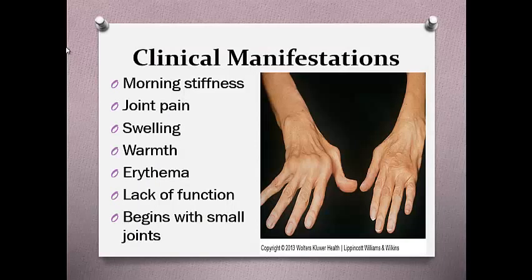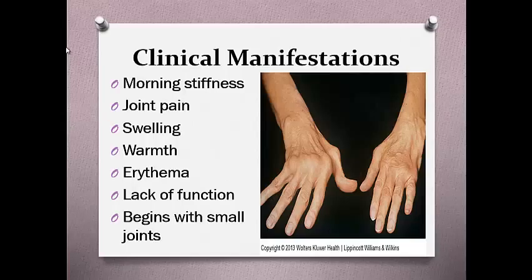What are we going to see with rheumatoid arthritis? Well, a cardinal early sign of rheumatoid arthritis is early morning stiffness. The onset is usually acute. It doesn't have to be, but it usually is acute. The symptoms include joint pain, swelling, warmth, edema, erythema, which is redness, and lack of function.